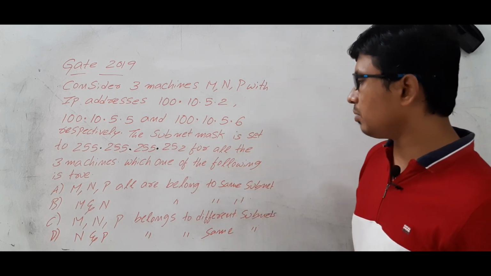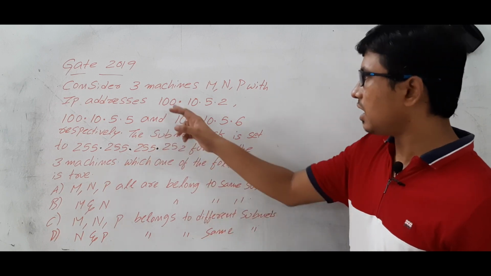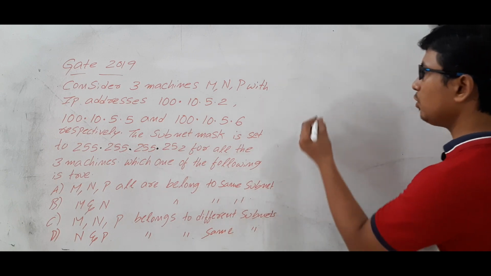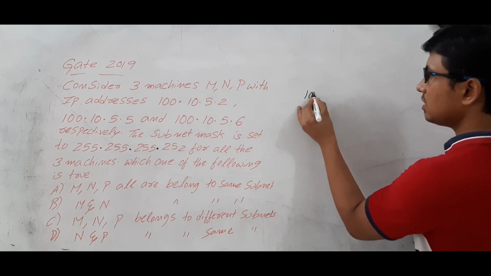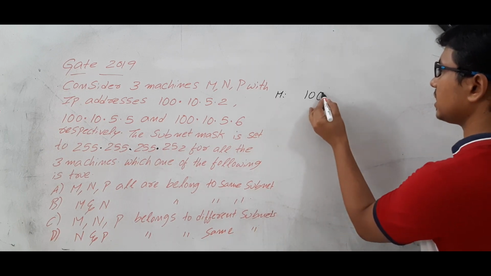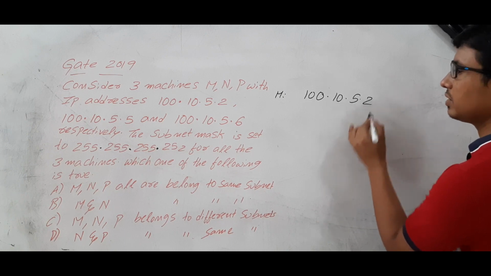As they are talking about subnets, and they have given the subnet mask and the IP address, what should we do? We have to take the IP address. Let's consider M's IP address, 100.10.5.2.